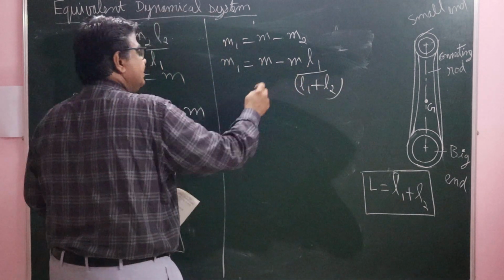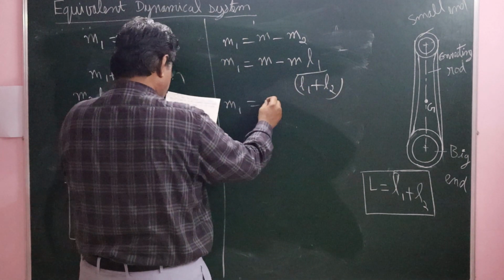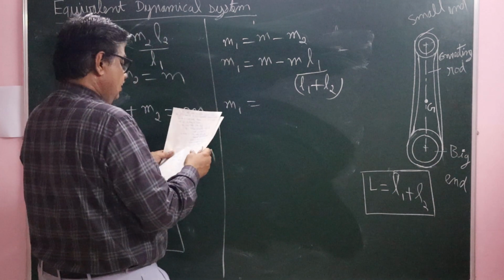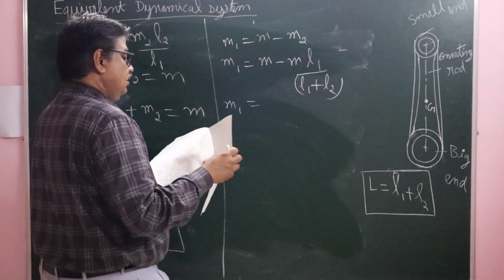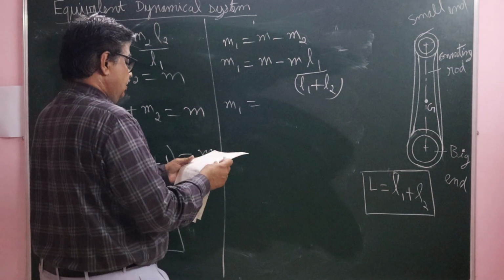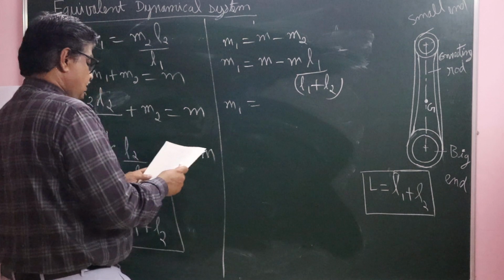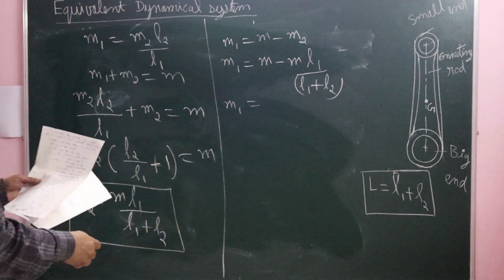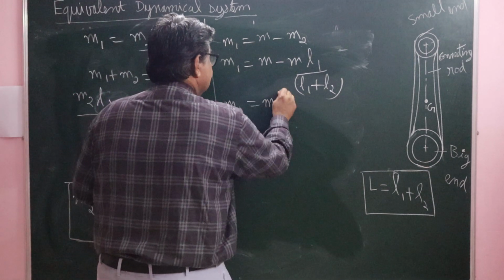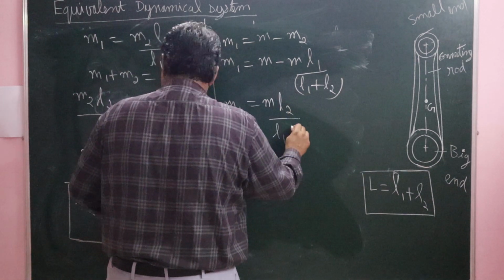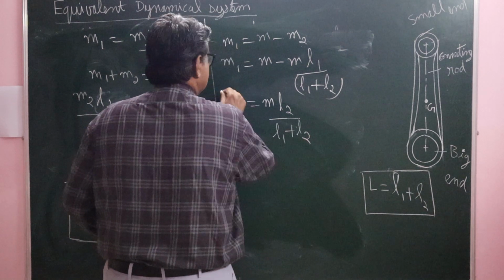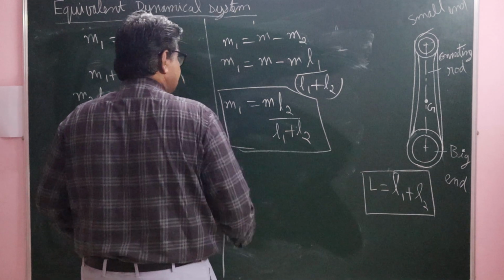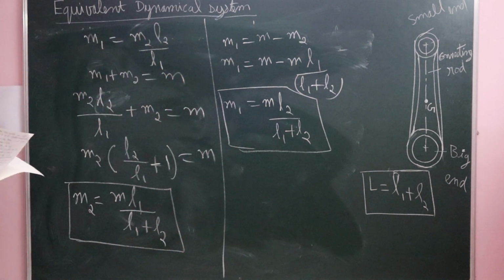Simplifying this, it becomes m1 equal to m L2 divided by L1 plus L2. So these are the two values of the two masses, m1 and m2.